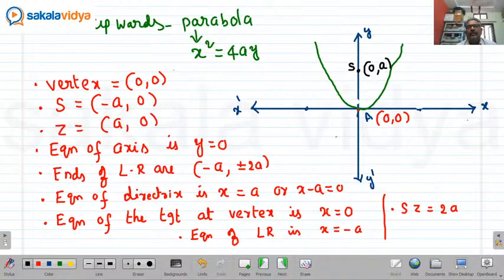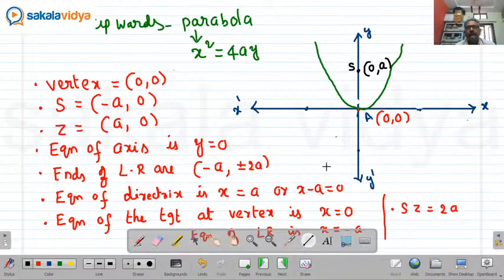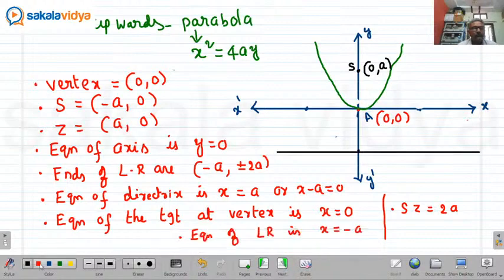Say this is Z. This is the directrix, equation of the directrix. So Z, the coordinates will be 0 comma minus a. Here to here is a. Here to here is also a.